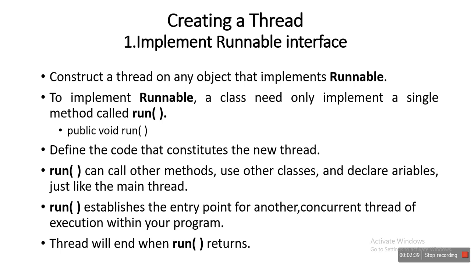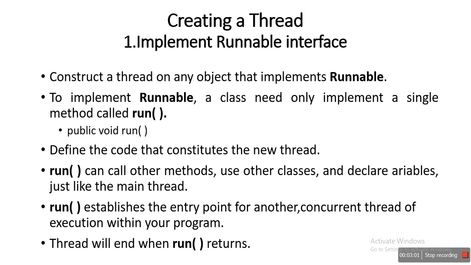Run is called the starting point of a thread. Whatever code the thread should execute is enclosed within the run method. Or we are writing code which is going to be executed by the thread, and all that code is written within the run method.